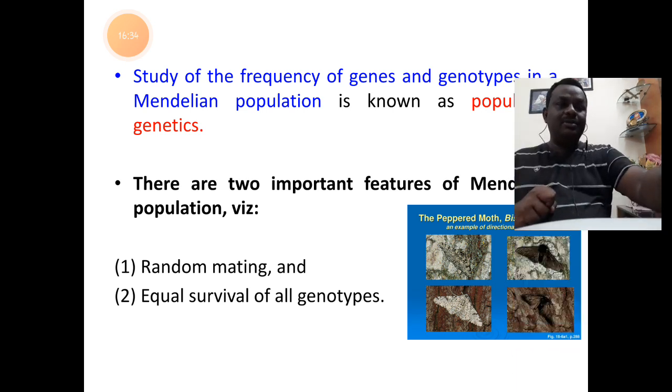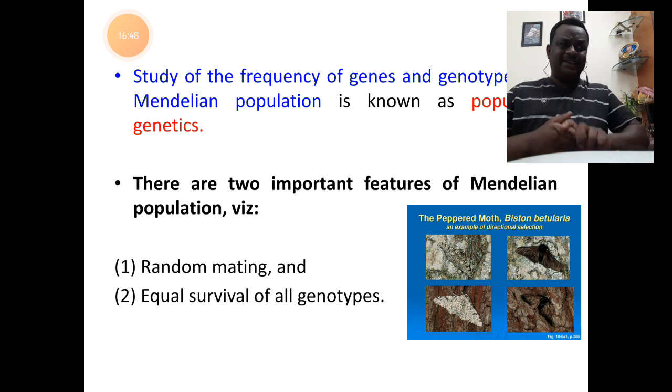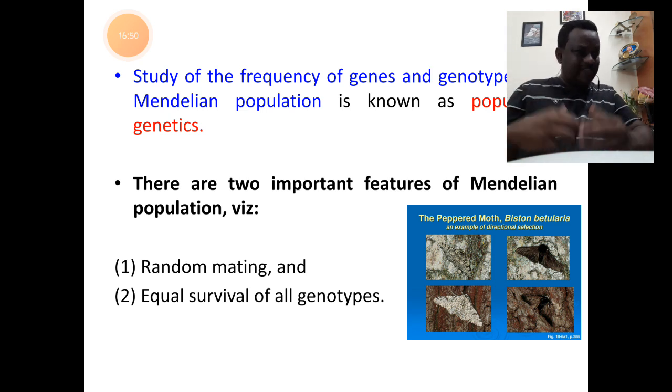Here down towards the right side we have a picture depicting the peppered moth, Biston betularia. Here the color, size, and environment are not the criteria for the mating of this particular species. We have many species, so mating is random. Any organism can mate with any individual of the population.